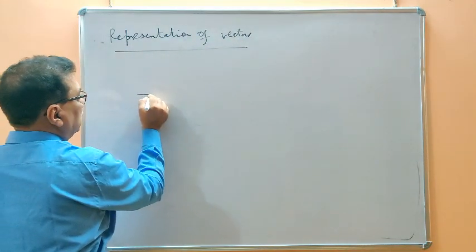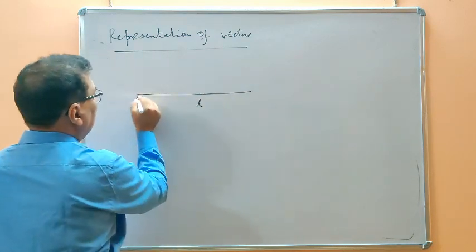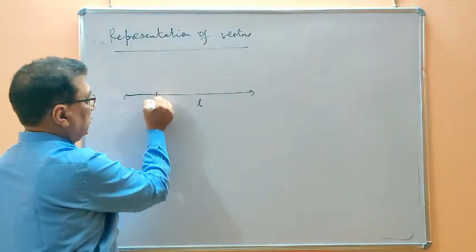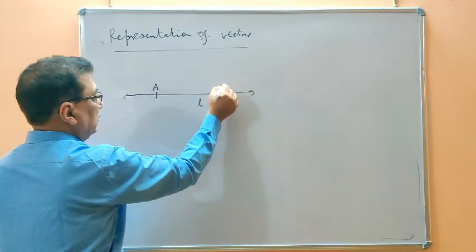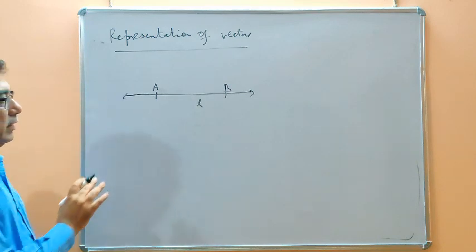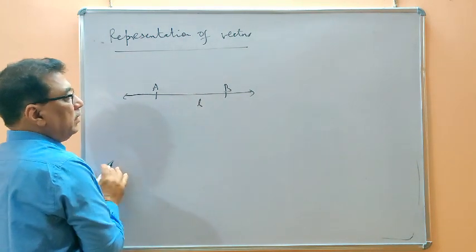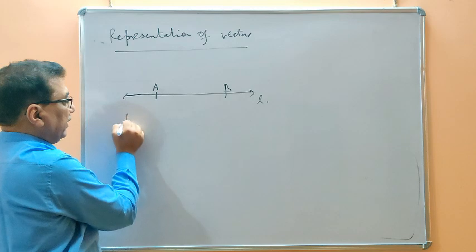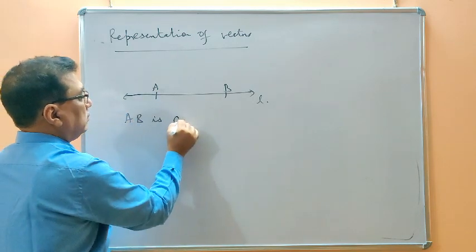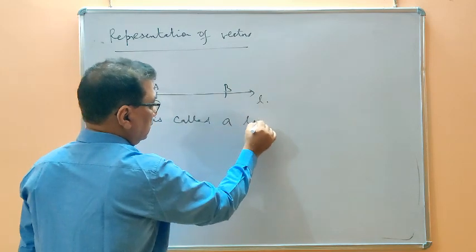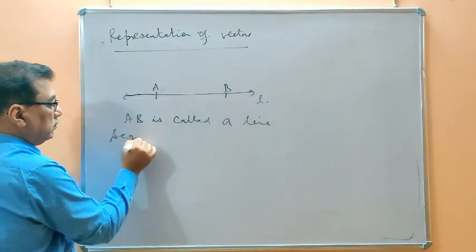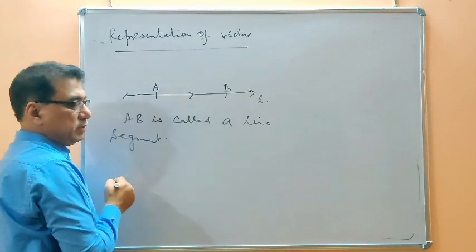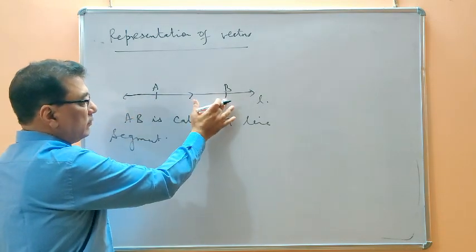Suppose I draw a line L. L is a line on which I take two points A and B, any two points on the line L. Now this line segment AB may have two directions, one from A to B and another from B to A.